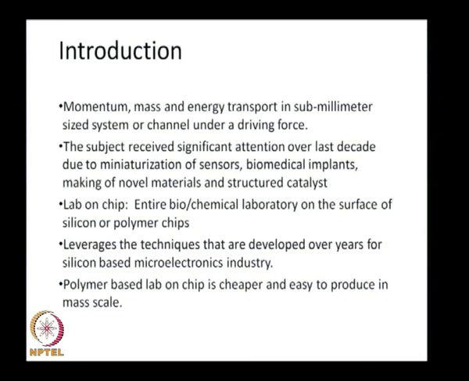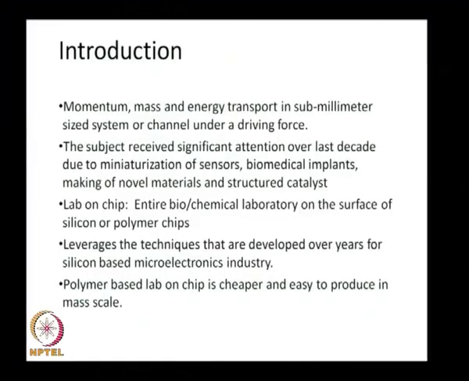Instead, if you can have a scanner and a chip and go to the field where the effluent sample is coming out and get the scan done there, nothing like it. That is the idea behind lab on chip, mentioned in this slide: an entire chemical laboratory on the surface of silicon or polymer chips.